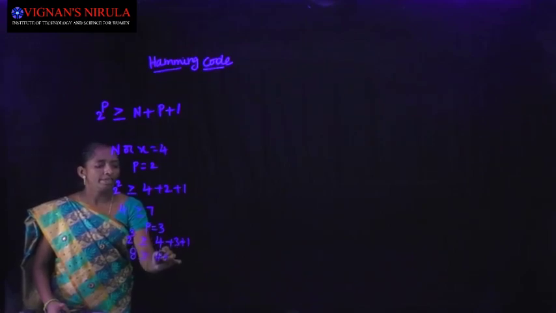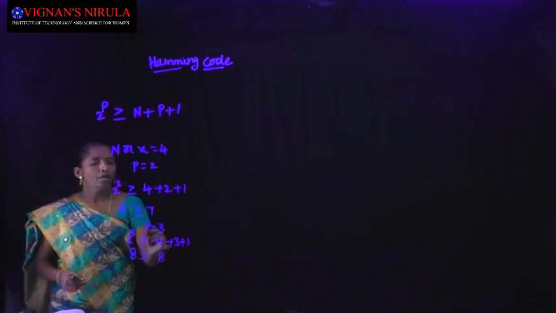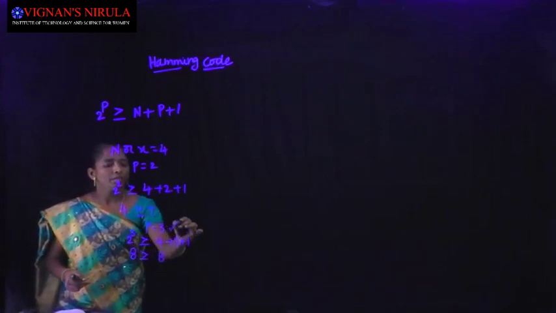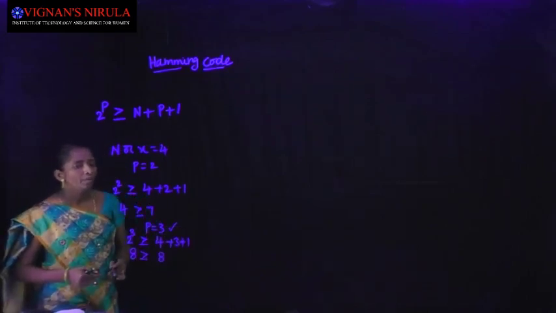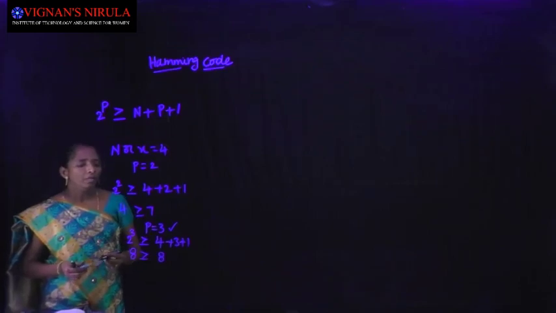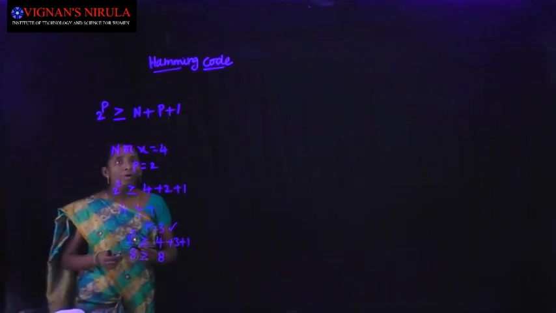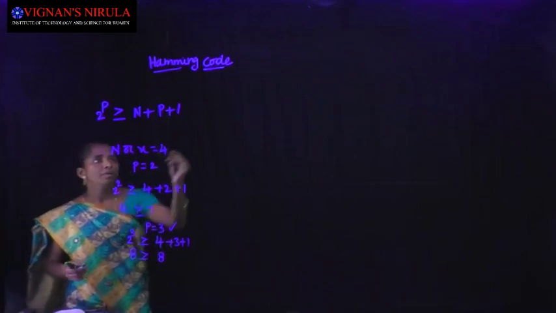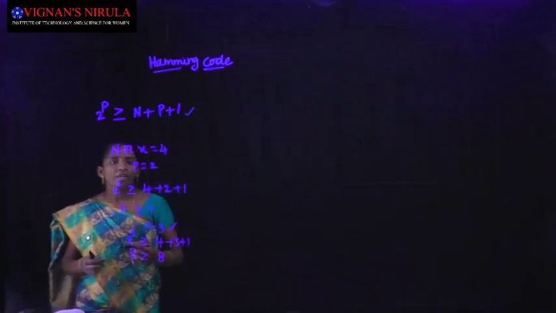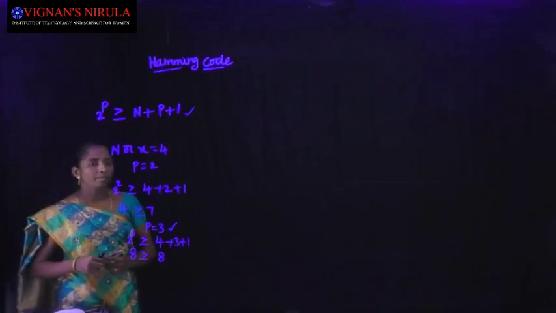So it is exactly equal to 8, so p equal to 3 is the number of parity bits. You have to choose 3 parity bits while sending 4 information bits. So you have to check this condition, and if the condition is satisfied, take that number of parity bits.